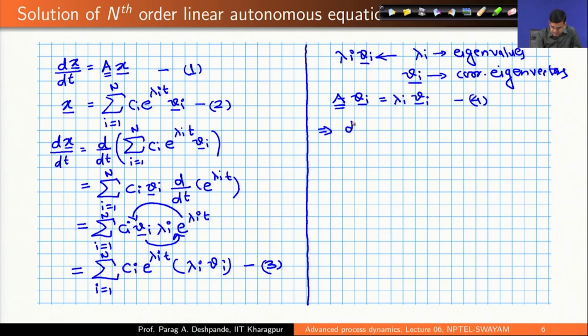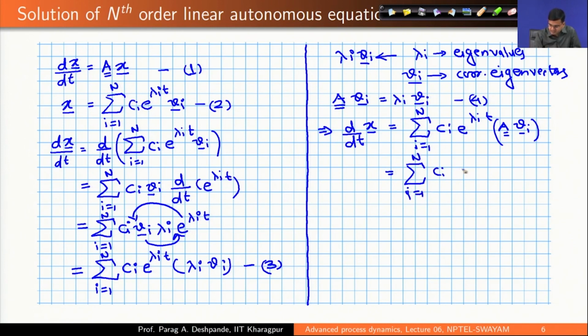So, what I get is d by dt of x under bar is equal to summation i is equal to 1 to capital N C i e to the power lambda i t, the operator A multiplied by v i bar, which further can be rearranged as i going from 1 to capital N C i.